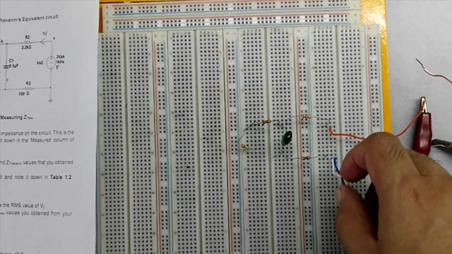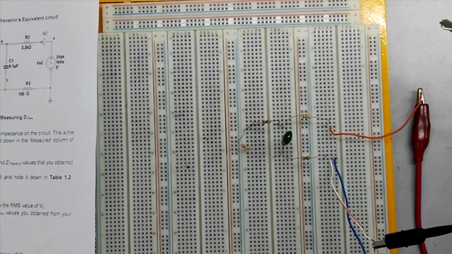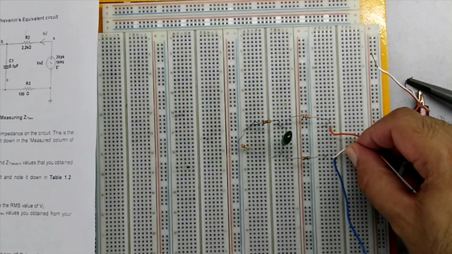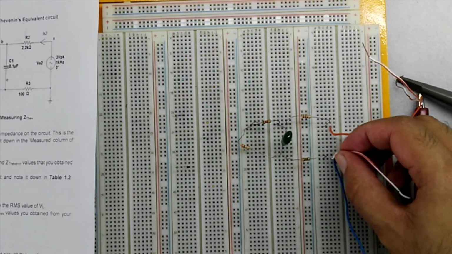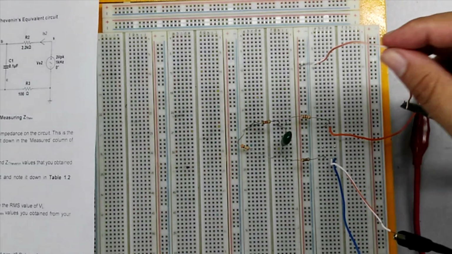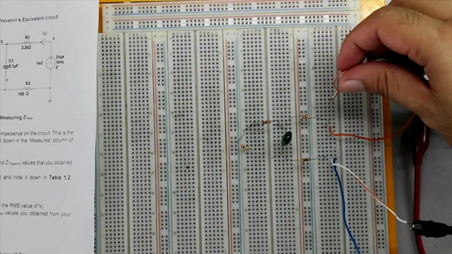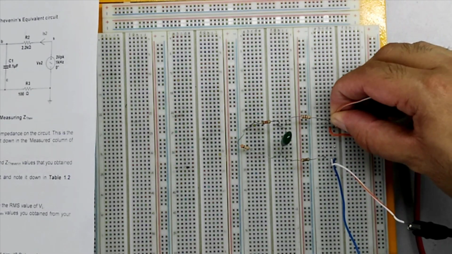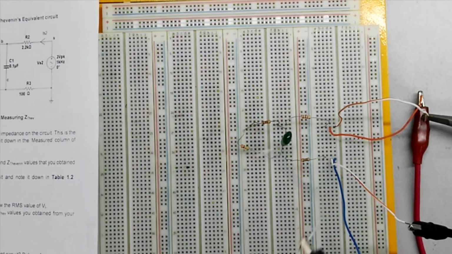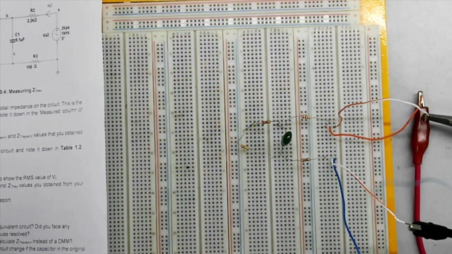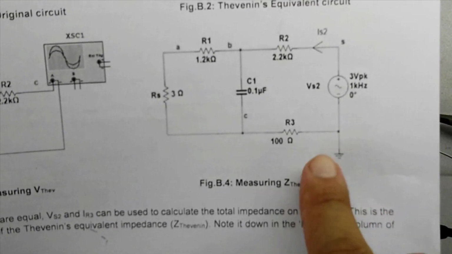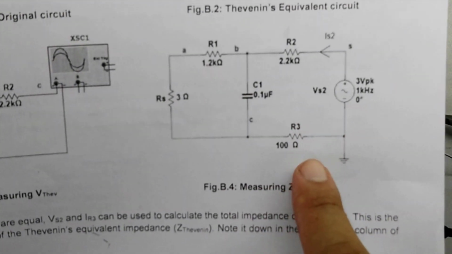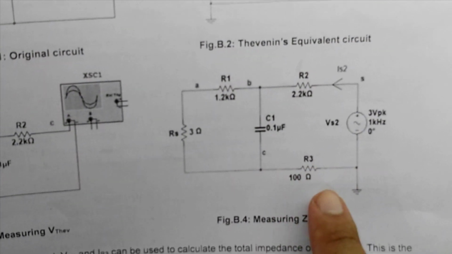As always, we'll be attaching channel 1, the black probe, the black polarity or black wire of the channel 1 to the ground, and the positive part of the probe to this node S. For channel 2, from the circuit diagram, we see that this 100 ohm resistance is actually a sense resistor.